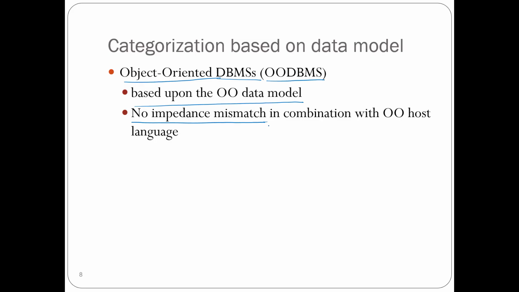If your host programming language is object-oriented like Java, and you are using an object-oriented DBMS, then you won't have to face the impedance mismatch problem, because the way the data is stored in the host programming language and the DBMS is compatible.